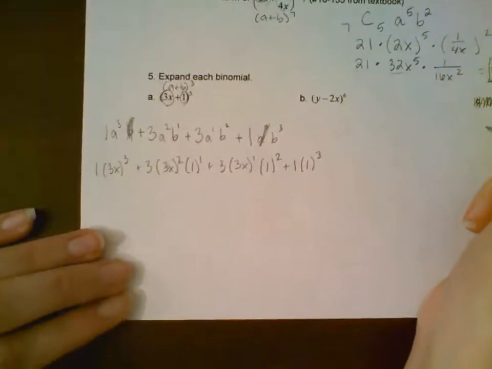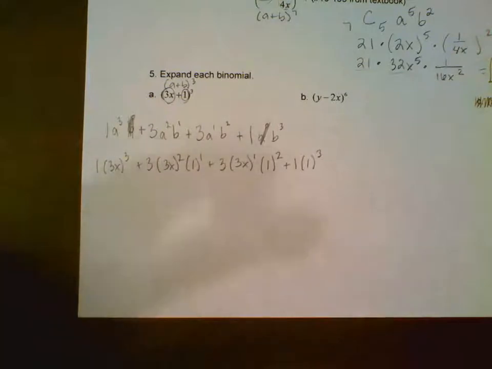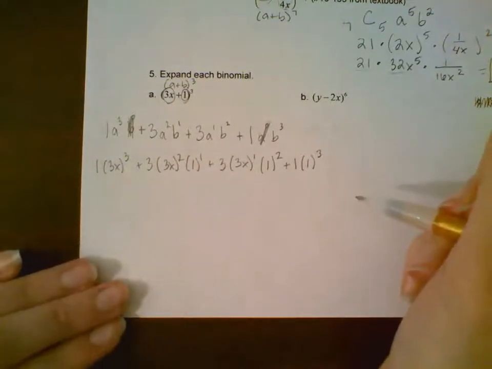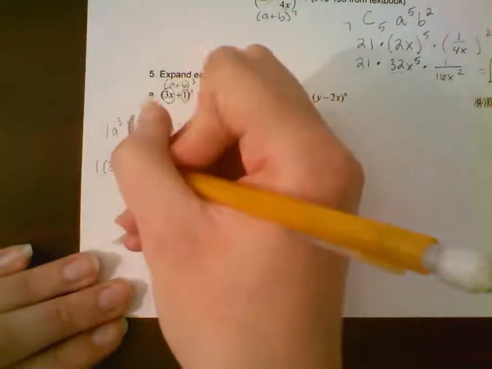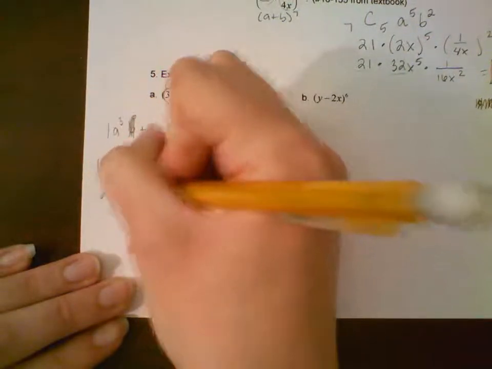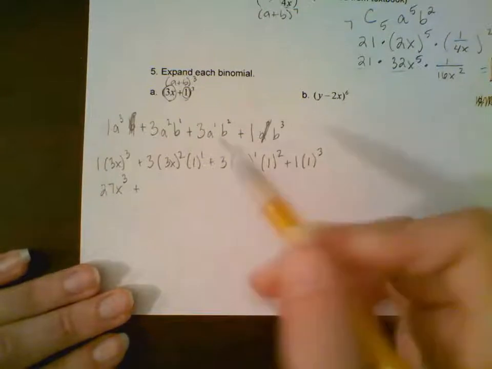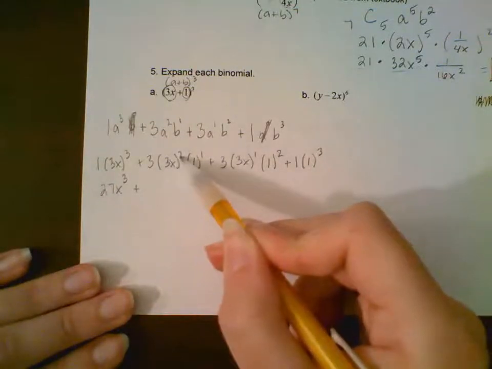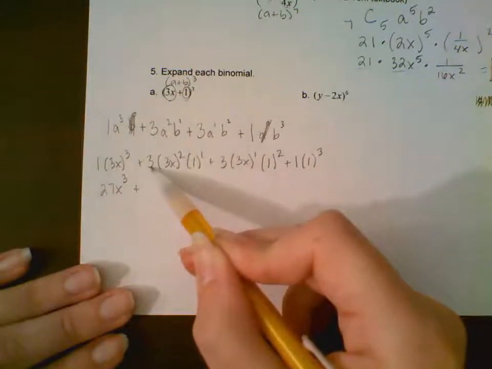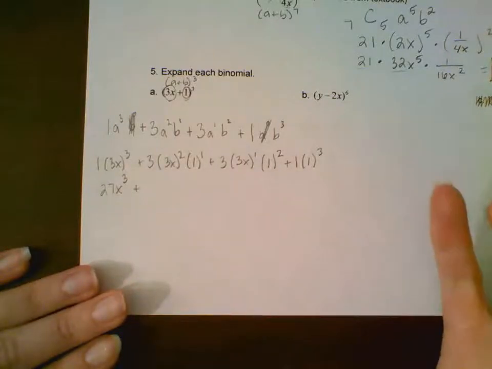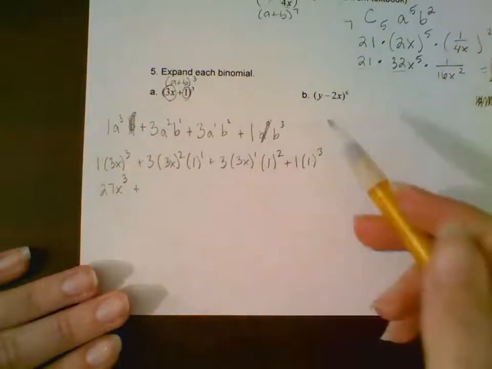So again, we're just going to do the exponent for each of these. Try to simplify each so that they all become just one term each. So 3 to the third, we get 27x to the third here. Then again, think about your order of operations. We have to do this 3 squared first before we can multiply it by this 3. In this particular case, it's really not going to make a difference, but if the numbers were different, it would.